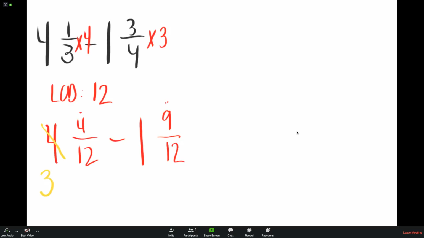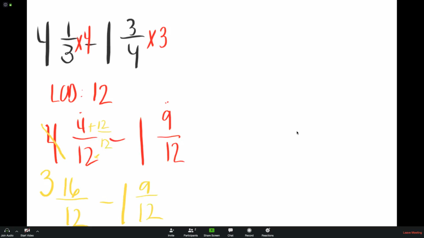In this case, because we have a 12, we want to use that number to make it easier for us, and we're going to add 12 over 12. That way we will get 3 and 16 over 12, and 16 would be bigger than 9, and it's easier to subtract.